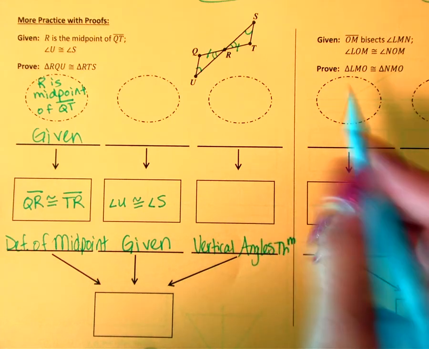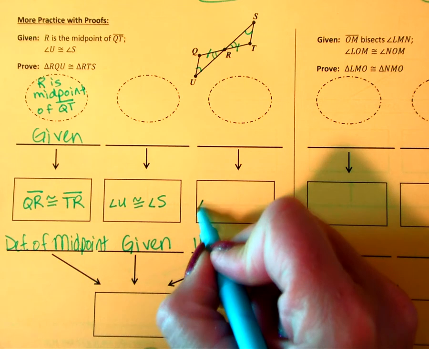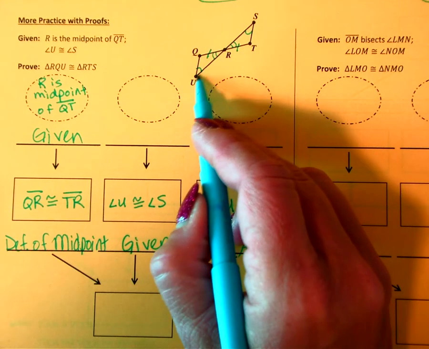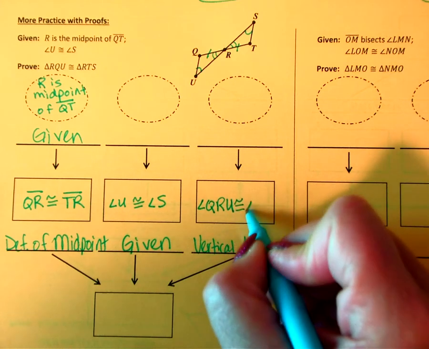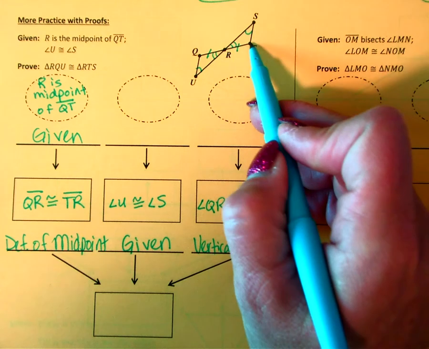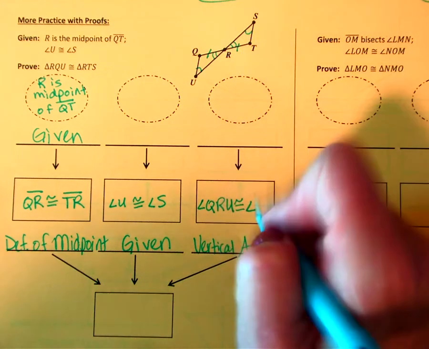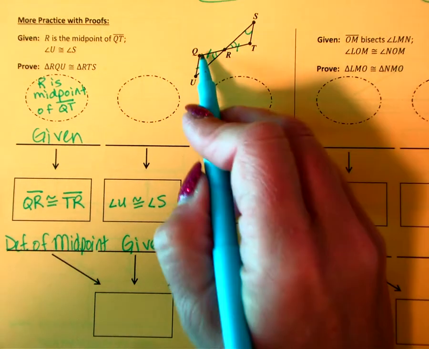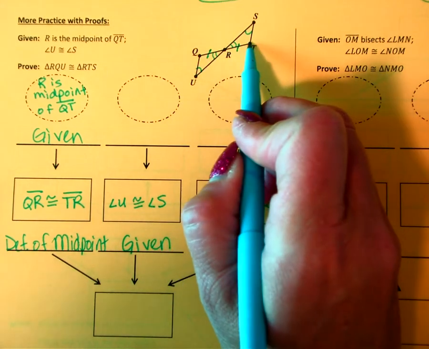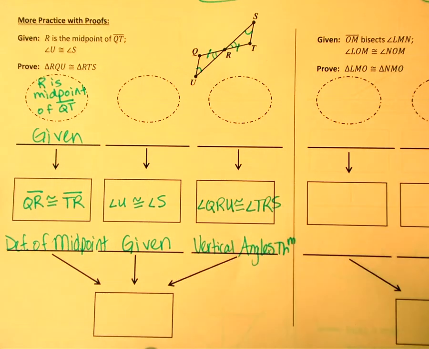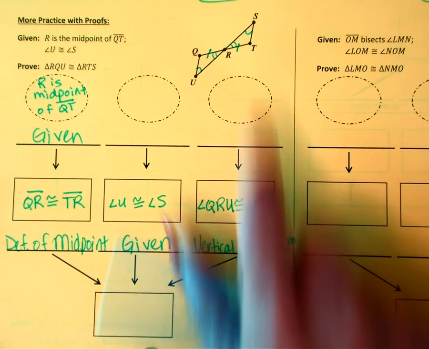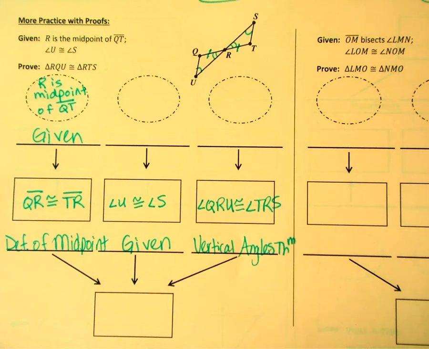So our vertical angles theorem says that angle QRU is congruent to angle TRS. Again, order matters. I went from Q to R on my first congruent side, so I have to go from T to R. See that? So that when I look at here, this says QR is congruent to TR, which is true.